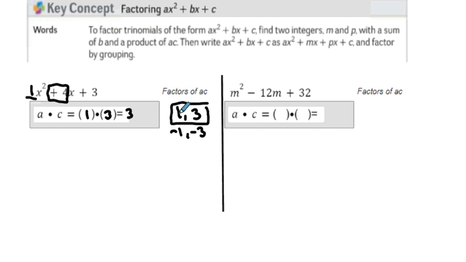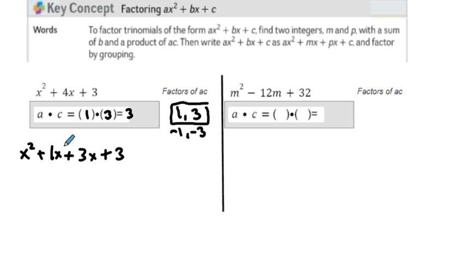So now what we're going to do is rewrite this. We're going to go x squared plus, and then we're going to use this first term here, 1x, plus, and now we're going to write this second term, 3x plus 3. And hopefully you can see that this is an equivalent expression to this.